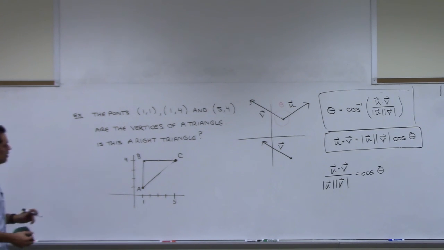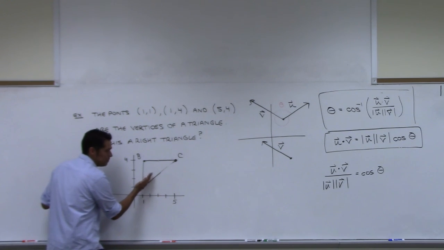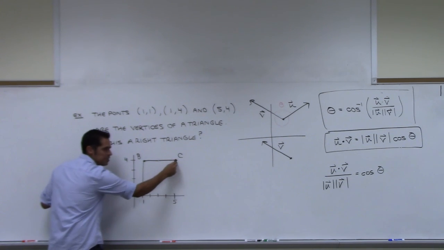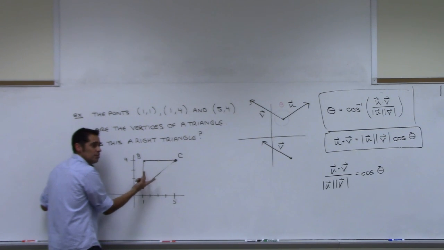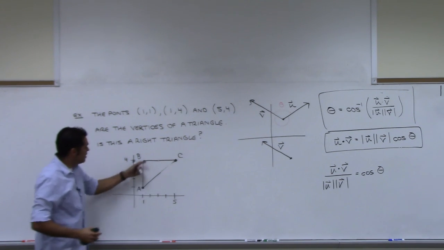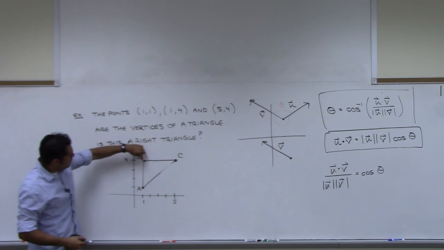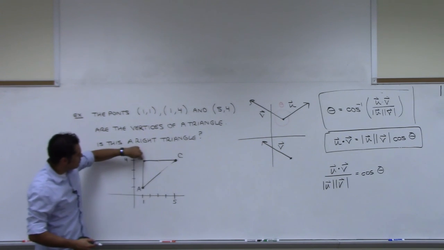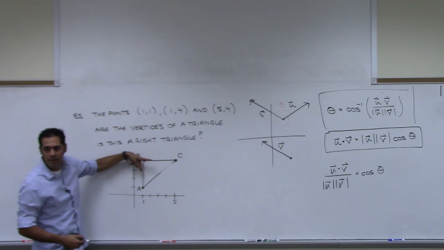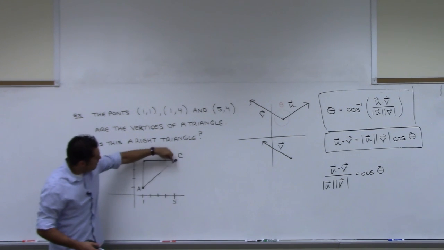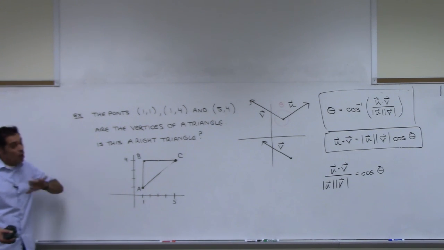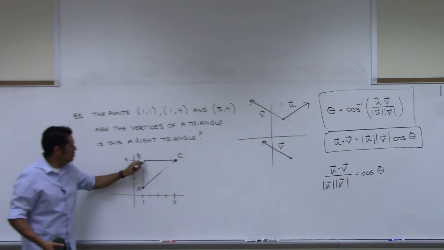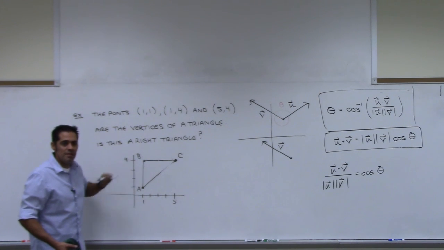So if we want to know this angle down here, I would need to create a vector that starts here and ends here, and then starts here and ends here. Right? I would need to create those 2 vectors. If I was interested in this angle, I would need to create a vector that went from here down to here, and a vector from here down to here, and then I'd have those 2 vectors, right? Or if I was interested in this angle, I'd have to create 2 vectors that were going this way and this way. Because we know what the answer is, let's do this angle and show that it's 90 degrees, all right?